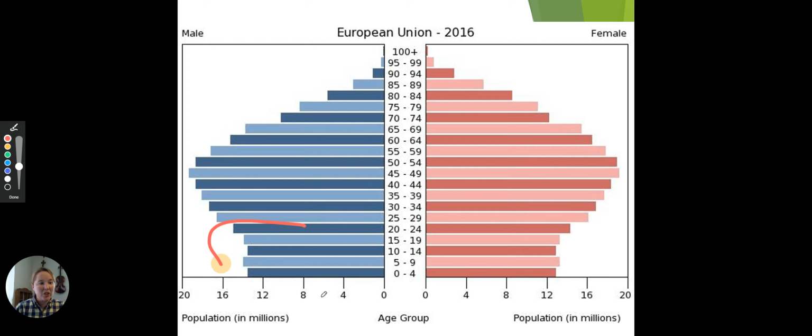This generation, this 20 years worth of people, are going to have to take over the jobs of this 20 years worth of people. And at the same time that they do that, they're going to have to provide care for this giant generation. And you know how many people this generation is providing care for? This generation.